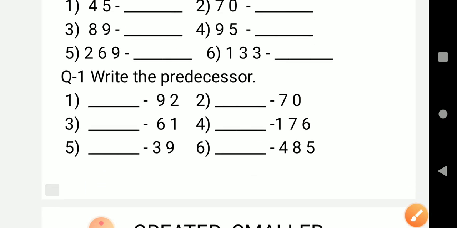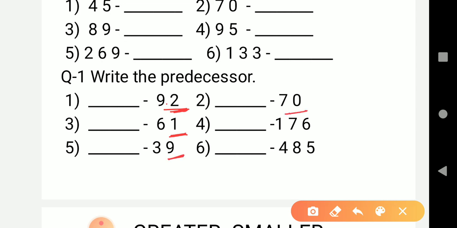Now write the predecessor. Predecessor means the number before. You have to write the number before the underlined digit. In a predecessor, before 0 we write 9 and we change the tens place.